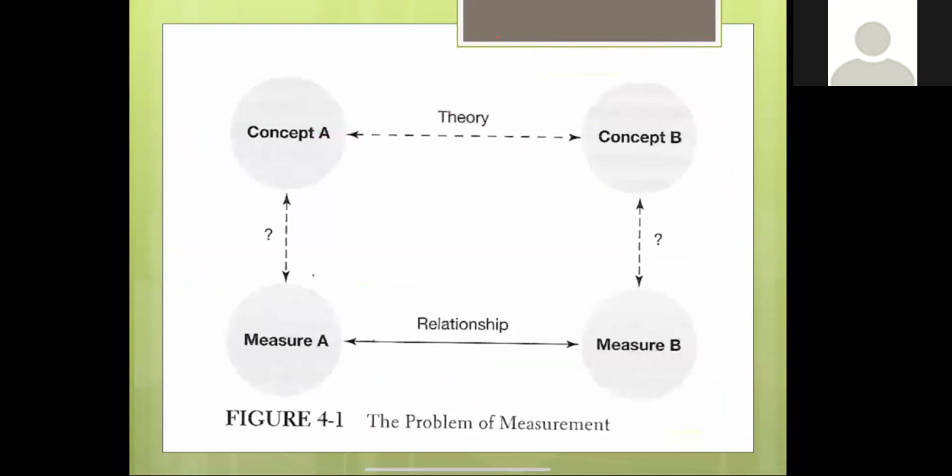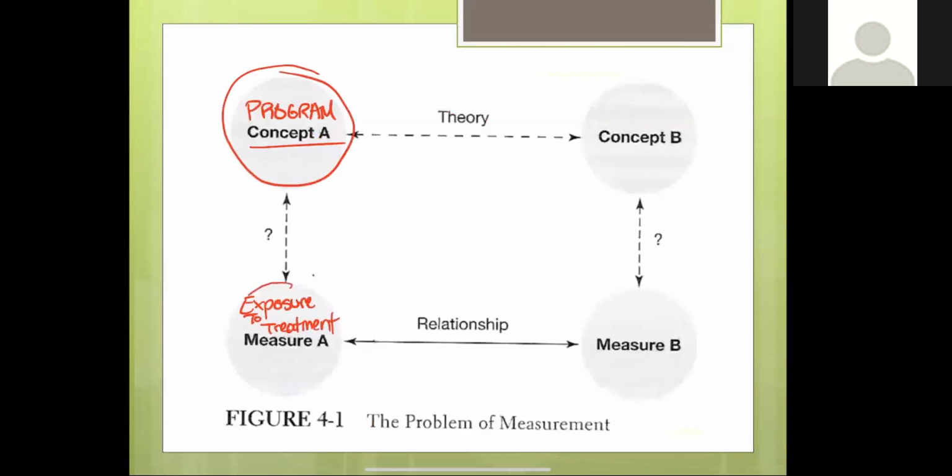So here's another visual representation of the problem of measurement. This right here is going to be our program, typically concept A. So again, this is going to be that exposure to treatment, where what we want to measure is the actual program itself, and what participating in that program is in actuality.